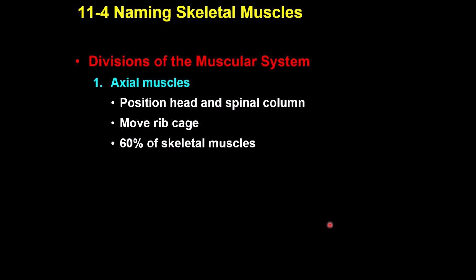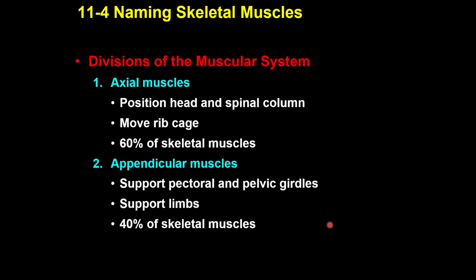About 60% of the muscles are located here, and different movements are related to them. For example, movement of the head, neck, abdomen, and movement during breathing all relate to axial muscles.